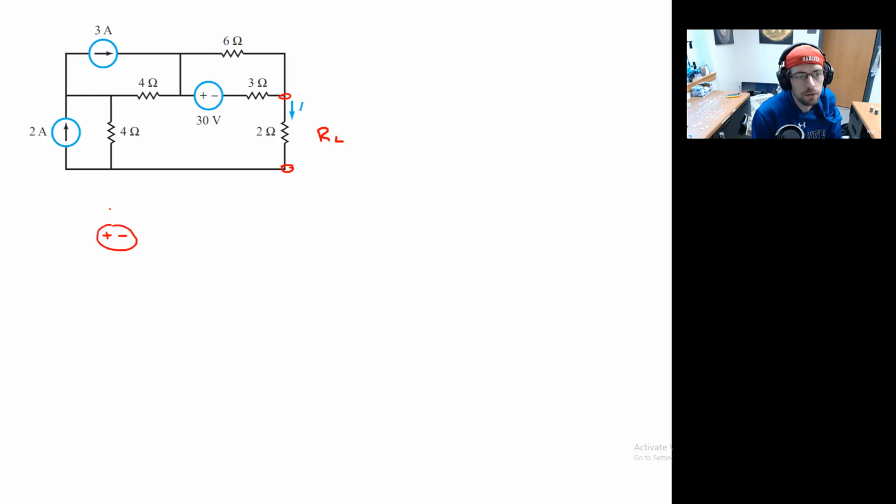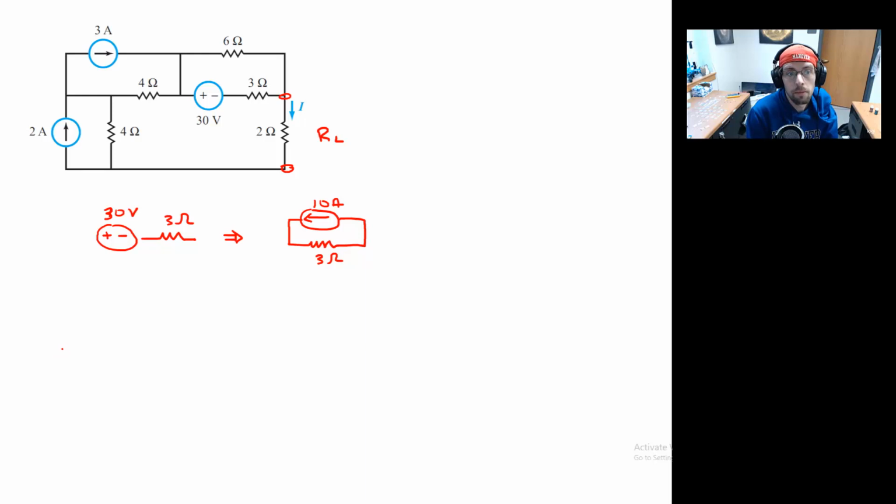We have our 30 volt supply and our 3 ohm resistor, and we are going to change that into a 10 amp supply in parallel with a 3 ohm resistor. We can put that right there. That's the first one. And notice again the connection points. You want to make sure that the connection points remain the same.